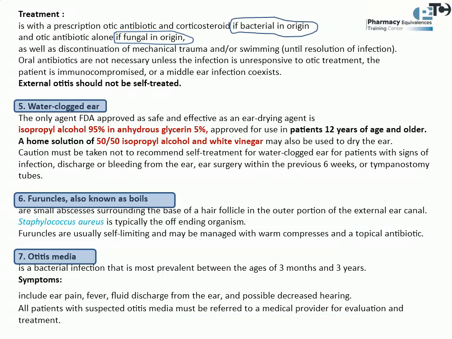To summarize what we said about the common ear disorders, there are only 2 disorders for which we can dispense an OTC product: the water-clogged ear and earwax.